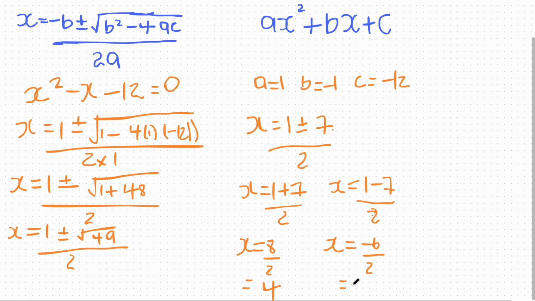And when we divide negative 6 by 2, we get negative 3.